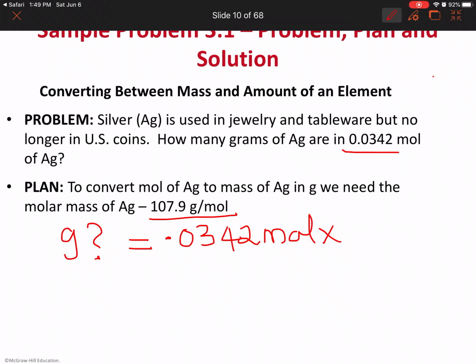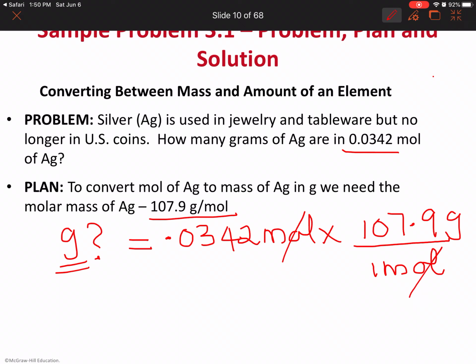It tells you 1 mole has a mass of 107.9 grams. In that conversion, moles need to be in your denominator, because our goal is to get rid of moles and have the answer in grams. So you put 107.9 grams. Use that as your conversion. So moles to moles get cancelled.